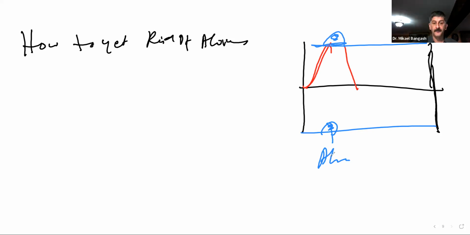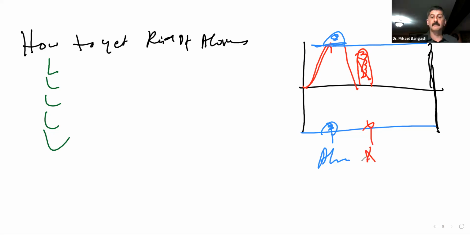Now, what are the 5 possible steps that we can take to get rid of this aliasing? If you only had, let's say, a positive Doppler shift, how do we get that positive Doppler shift recording with no aliasing?